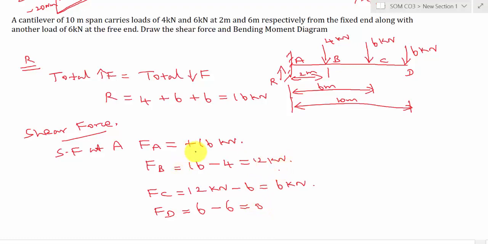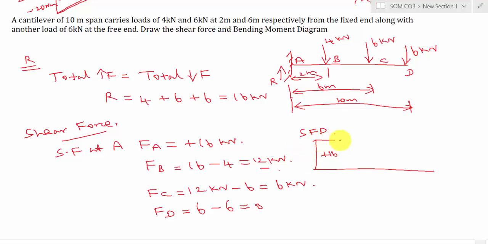Okay. So now remember that in this section we have 16 kilonewton, and when it comes to B, the 16 is reduced to 12 because of the minus 4, and at point C, the 12 kilonewton is reduced to 6 because of the minus 6. Then at D, it is further reduced to 0. Now we'll draw the shear force diagram. At point A, we have plus 16.